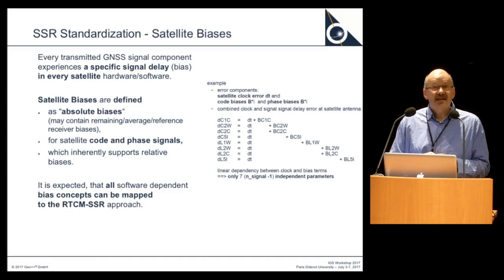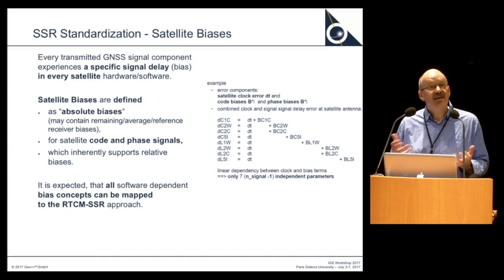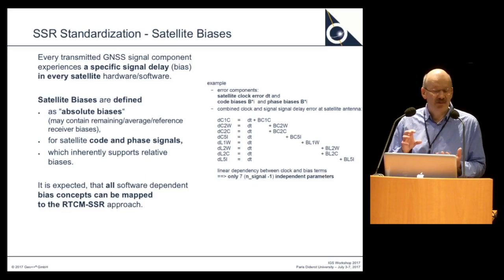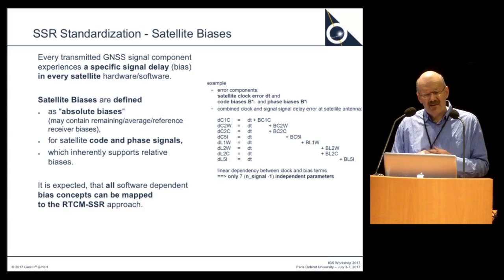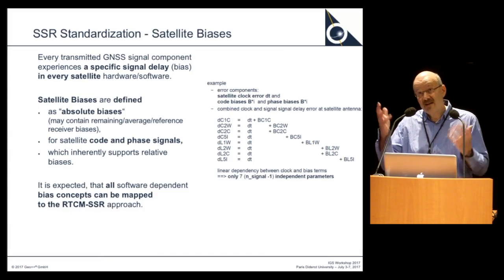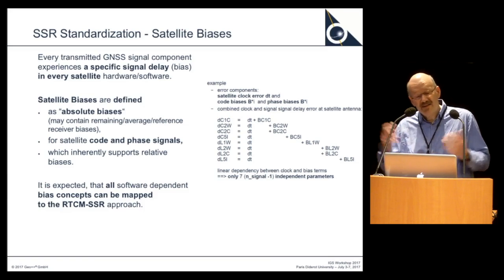Satellite biases: every signal transmitted by a satellite experiences some delays in hardware and software of the satellite. Therefore, we introduced satellite biases as absolute biases. We put it here in quotations because there might be a remaining effect due to averaging, reference receiver bias, and so on. We heard another expression, pseudo biases.